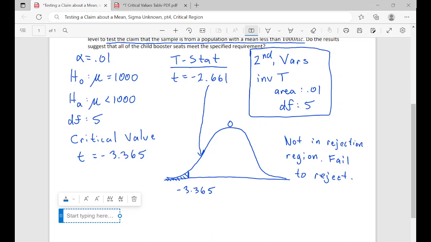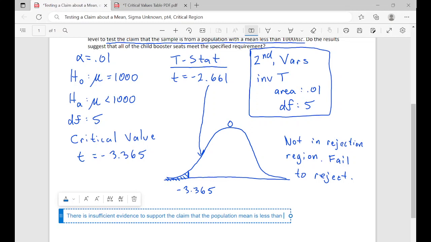Since we failed to reject, we can say that there is insufficient evidence to support the claim that the population mean is less than 1,000 HIC.